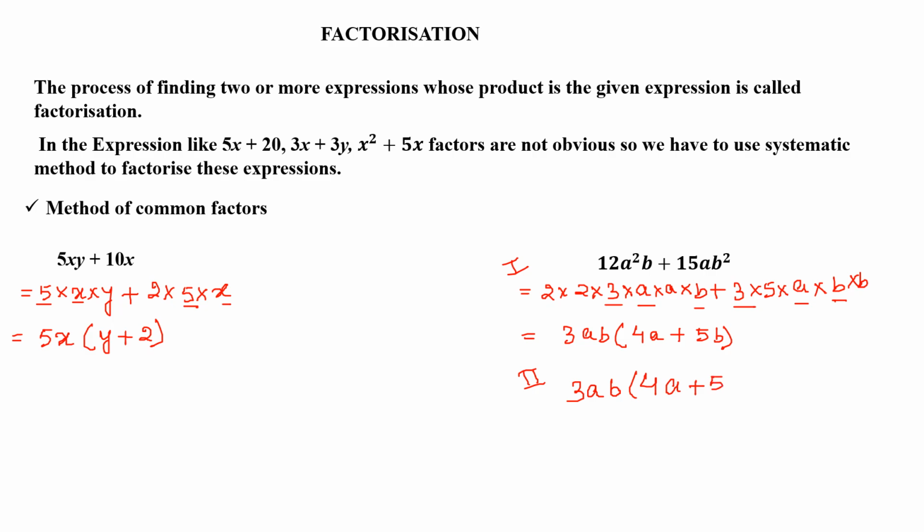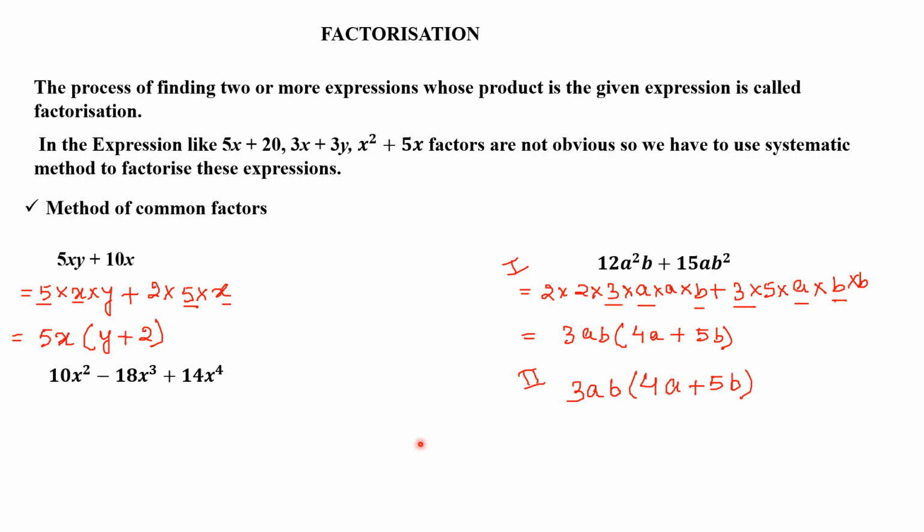It will be 5. The variable a is already taken common. Now here it is b square and you have taken one b common, so you are left with 1b. So this is also one way to factorize it. This is a faster method, where you have to find the HCF and do it.